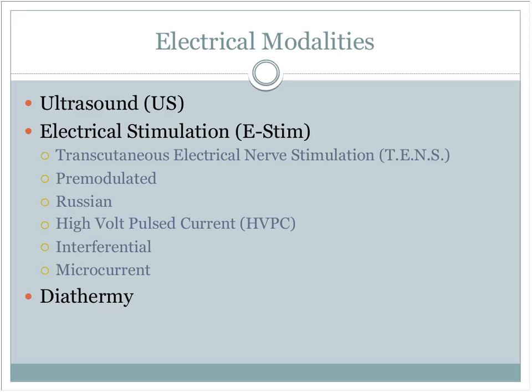There's also diathermy. Diathermy is very similar to ultrasound. It can be more risky because it's actually the release of microwave radiation, very similar to the microwave in the kitchen that you have.